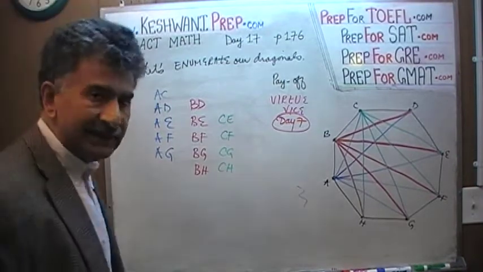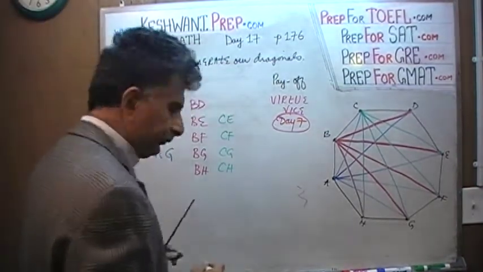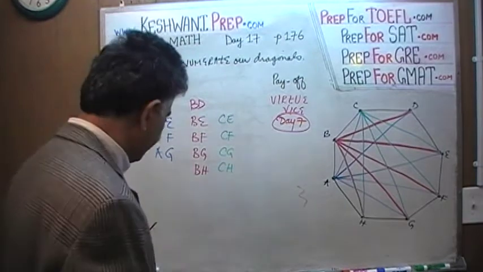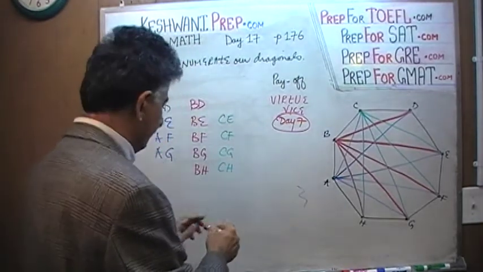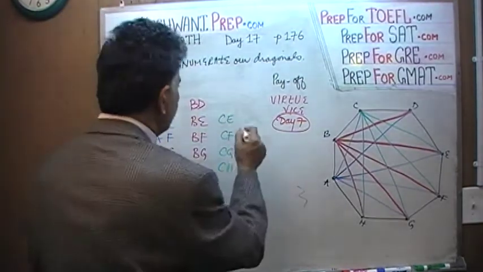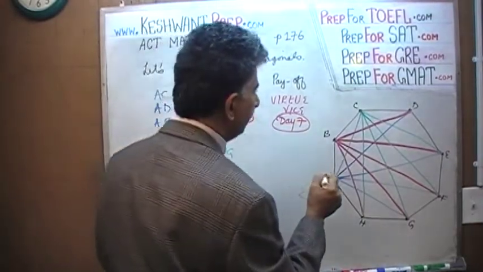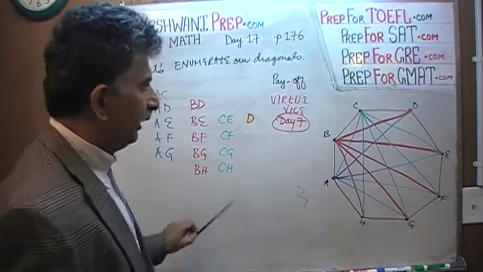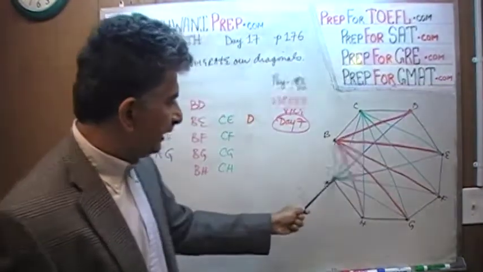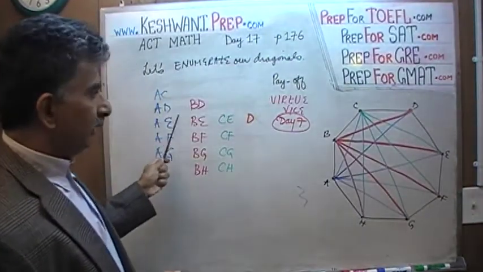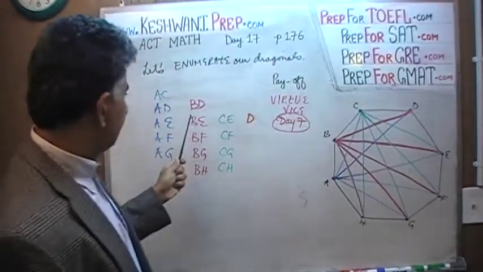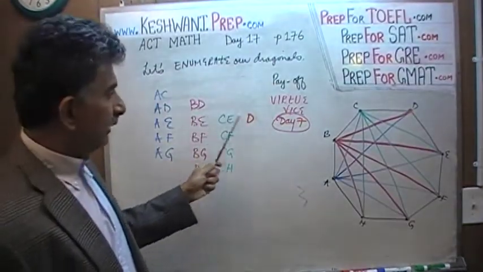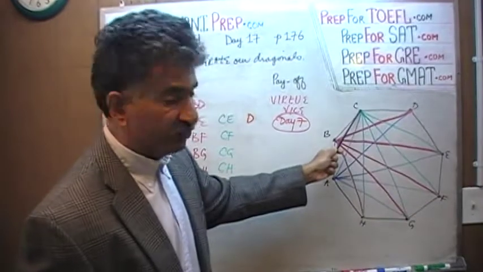Now let's do D. I'm rapidly running out of color here. Let's do orange, shall we? We haven't done orange. We can do letter D. We're not going to talk about DA because DA is the same as AD. We're not going to talk about DB because DB is the same as BD. We already did that. Similarly, CD is not going to count because it's just a side.